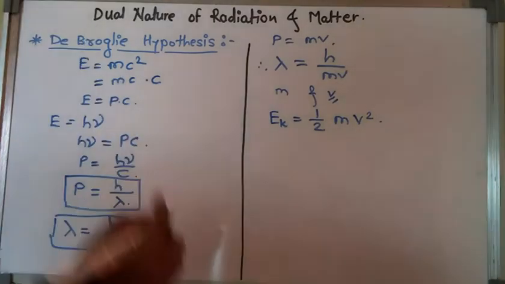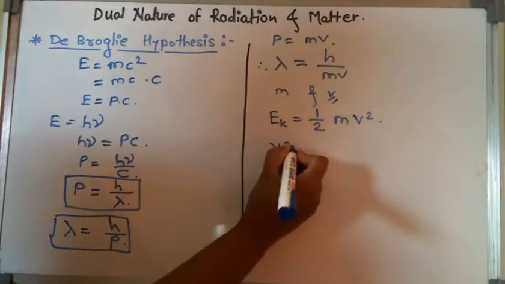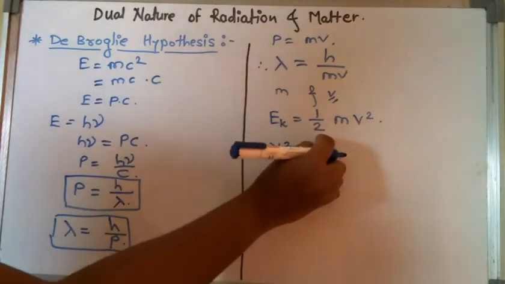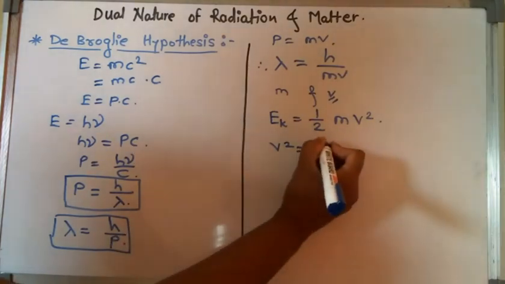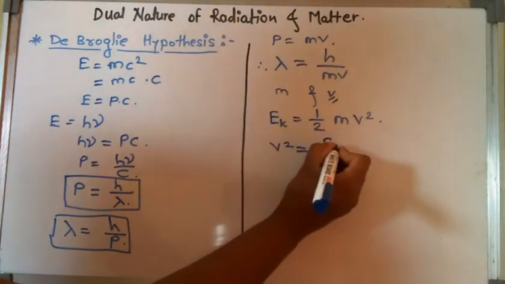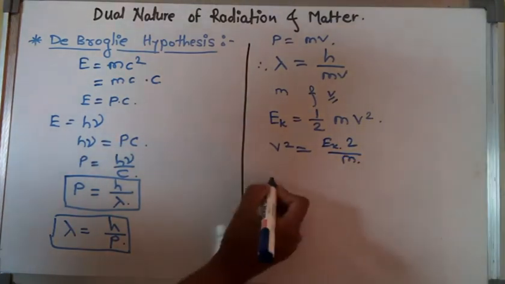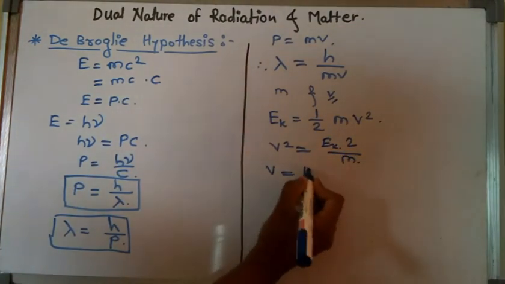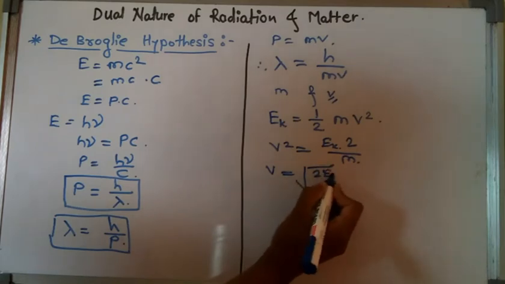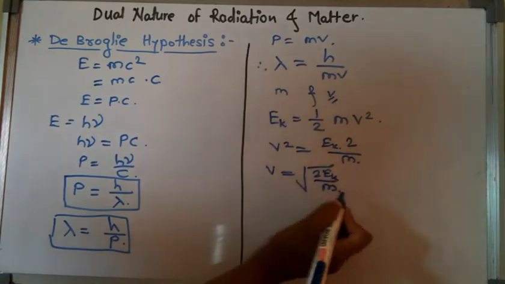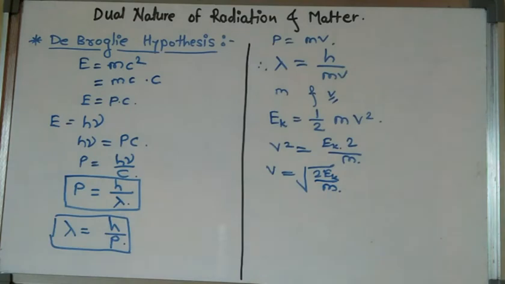From this equation we can write v square is equal to 2 Ek divided by m. Therefore v is equal to square root of twice Ek divided by m. This equation gives the velocity of that particle which is moving.